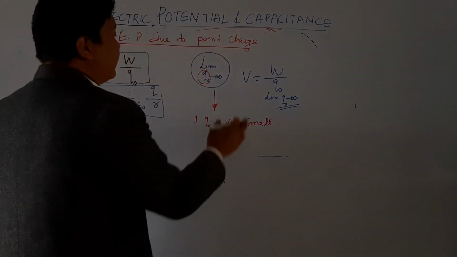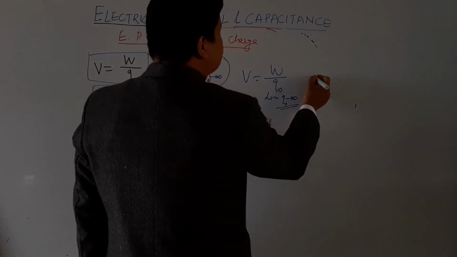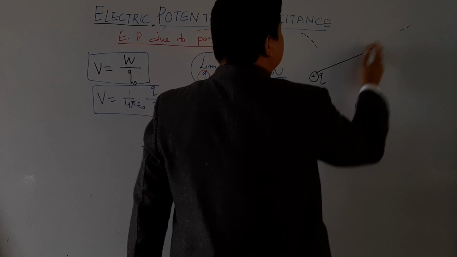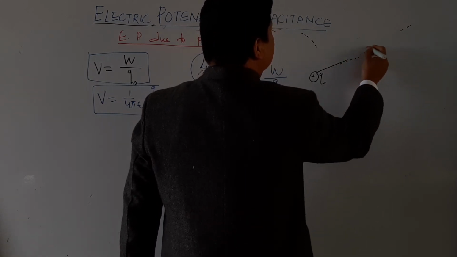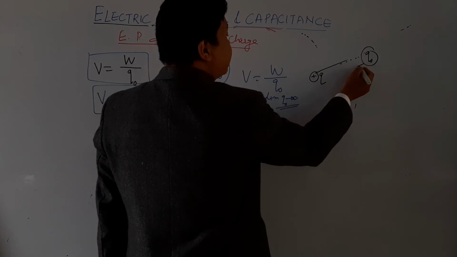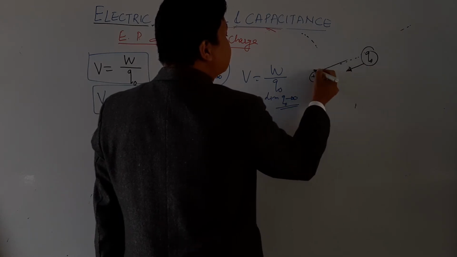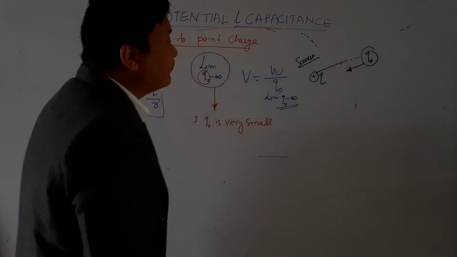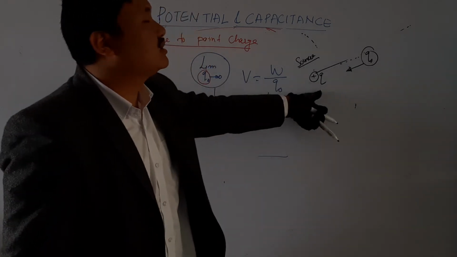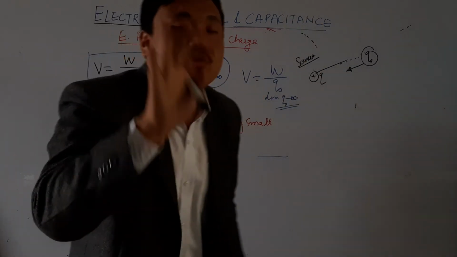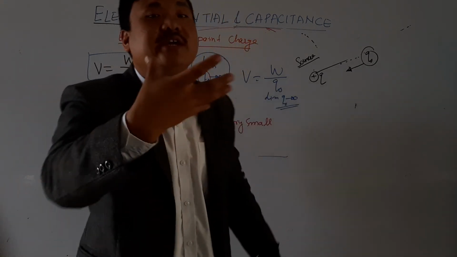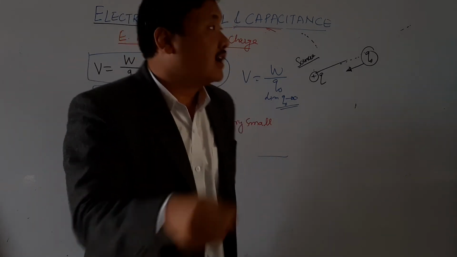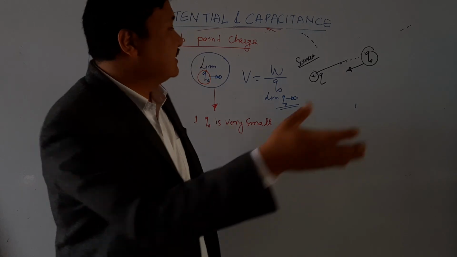Because see what we are doing here. We have this Q and somewhere here we had Q0. Whenever I bring this near to this one, this is my source charge. Whenever I bring this closer and closer to the source charge, it should not get displaced from its mean position. Please remember, because I want to calculate the electric potential due to this source charge.